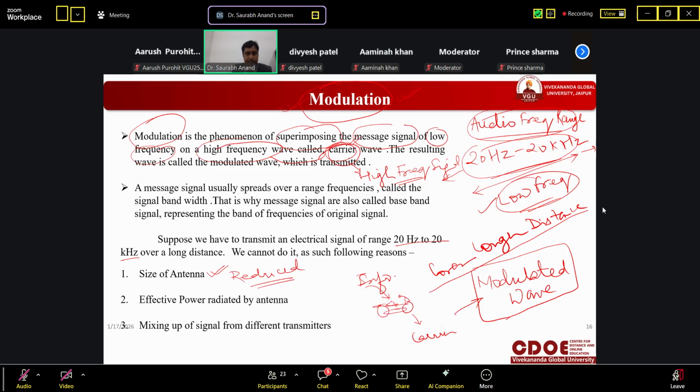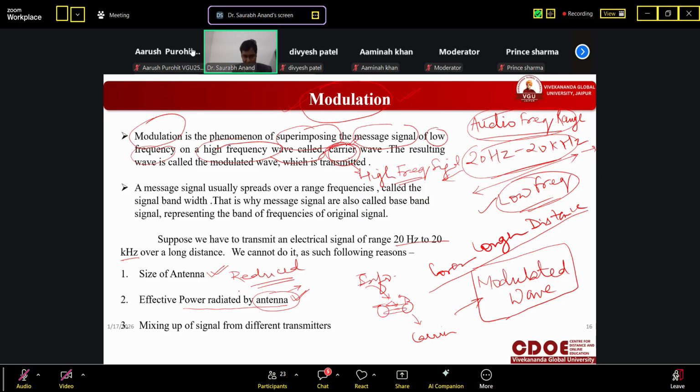The height of the antenna is also reduced due to modulation, and the effective power radiated by the antenna also improves, because the frequency is high now. What the antenna does is radiate, which means it sends the electrical signal in the form of EM waves through air, so it can radiate very effectively in the air.